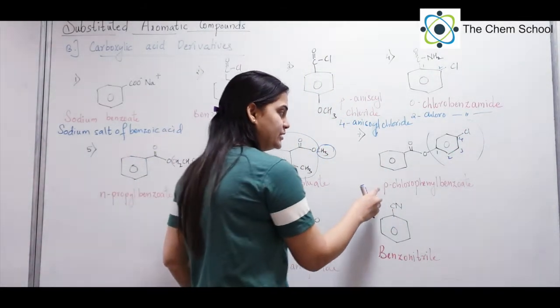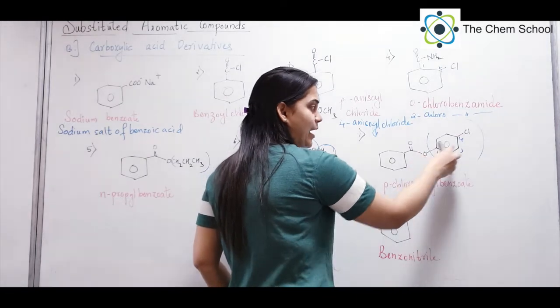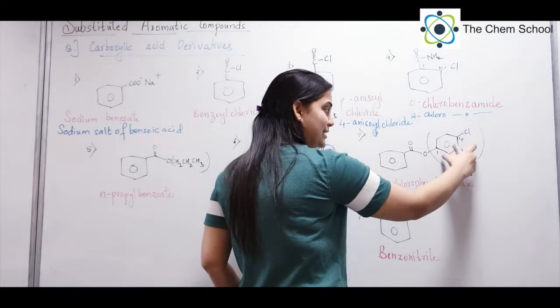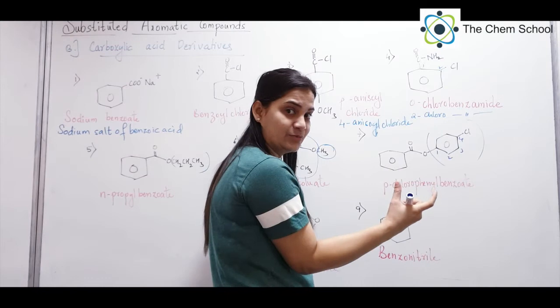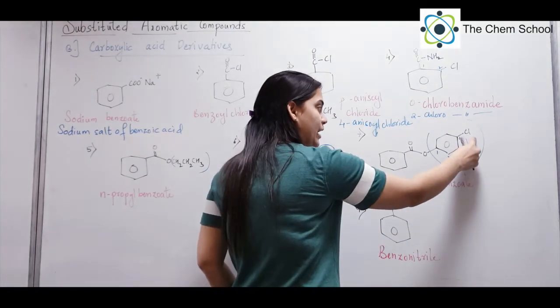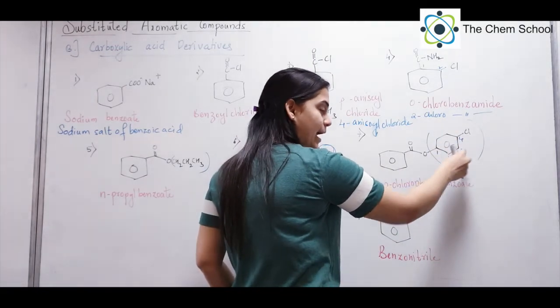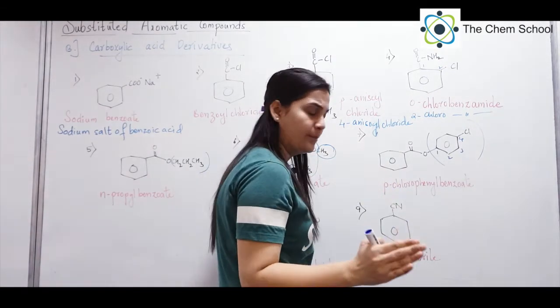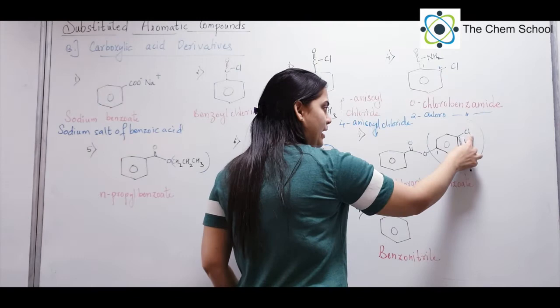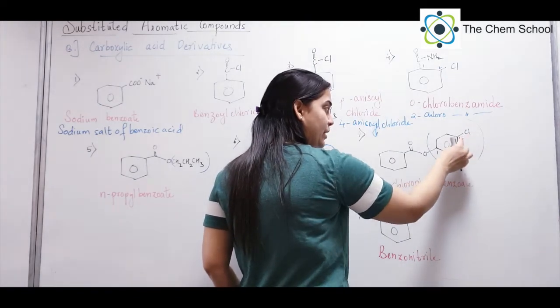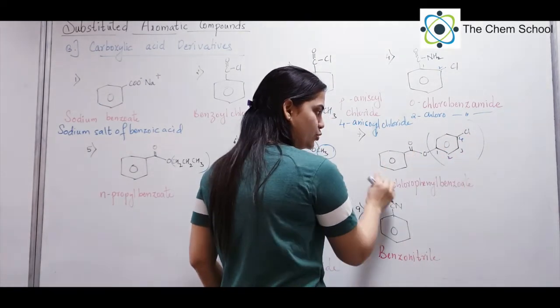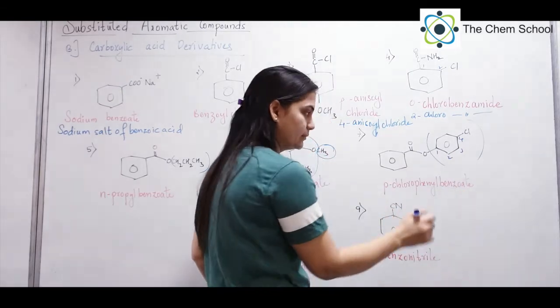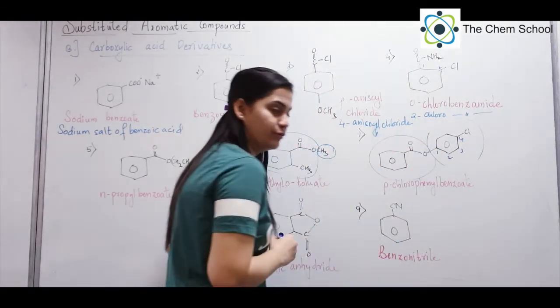So you will say para-chloro, and this chloro-bearing ring is a phenyl, so you will say para-chlorophenyl, and then this ring is your benzoate. Simple, just break it into pieces. So this becomes para-chlorophenyl benzoate. I hope this is very clear to all of you.